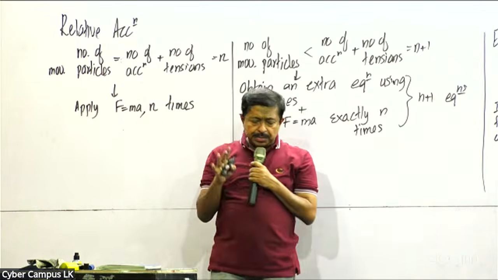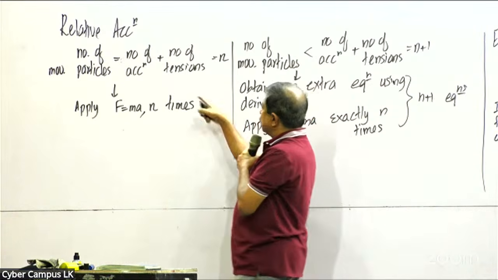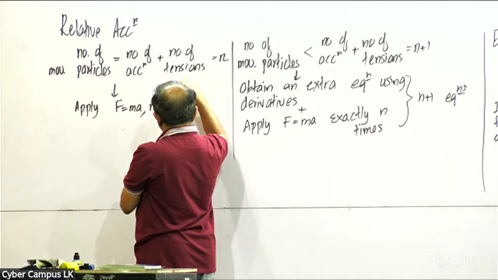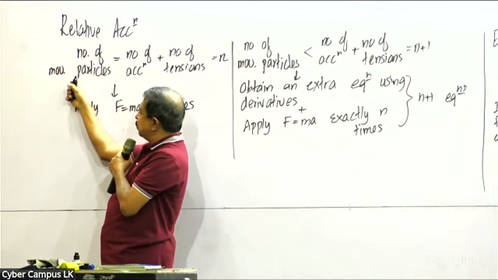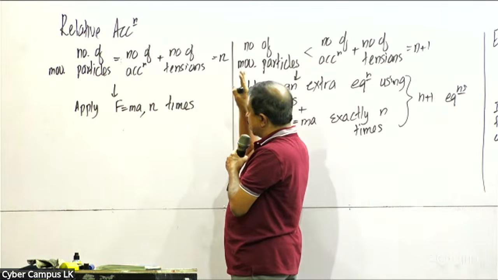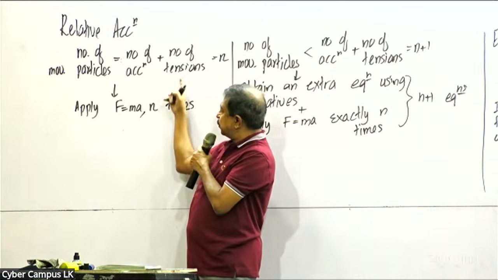So, number of accelerations plus number of tensions is equal to the number of moving particles. That means you have the right amount of equations to find these.